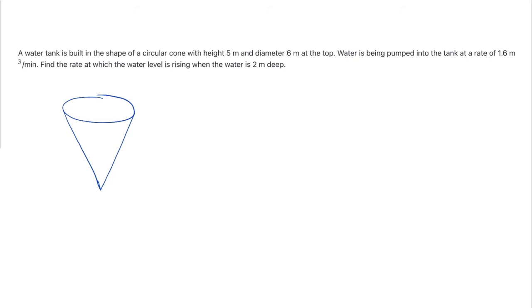We are told that the diameter at the top is 6 meters, so that means that the radius at the top is going to be 3 meters. And we also know that it's 5 meters high, so the distance from here all the way down to here is 5 meters.